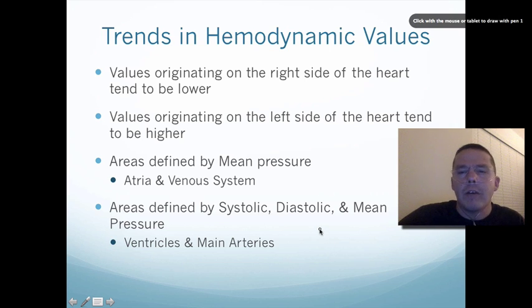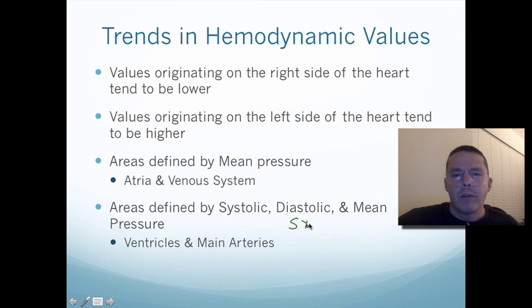I kind of argued as to when to mention this, but we'll be going over a lot of formulas, particularly when we get into different systems. So the systolic pressure, like we said, let's go to a good color pen. I like green. The systolic pressure, like we said, is going to be the highest pressure.